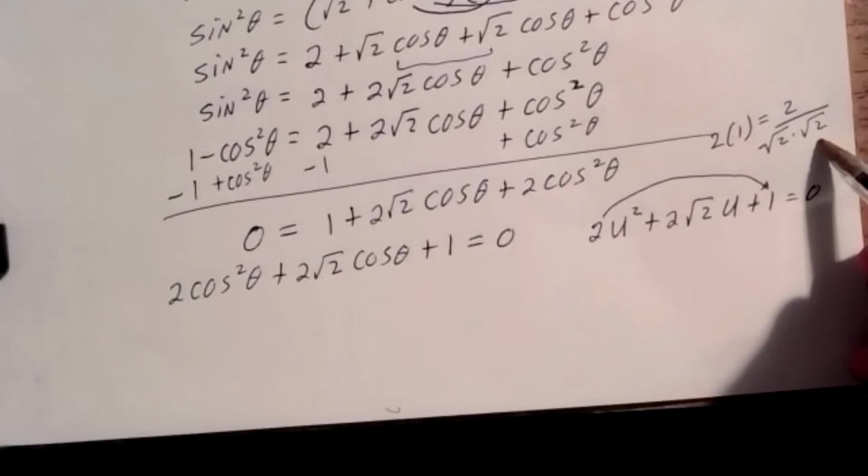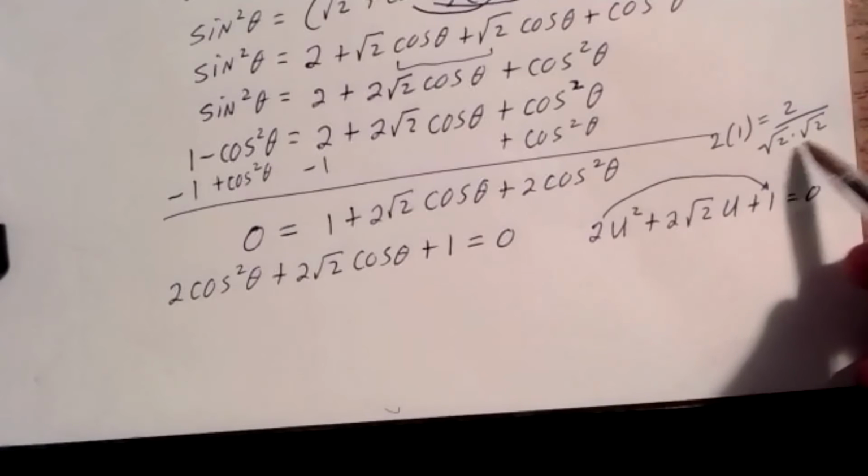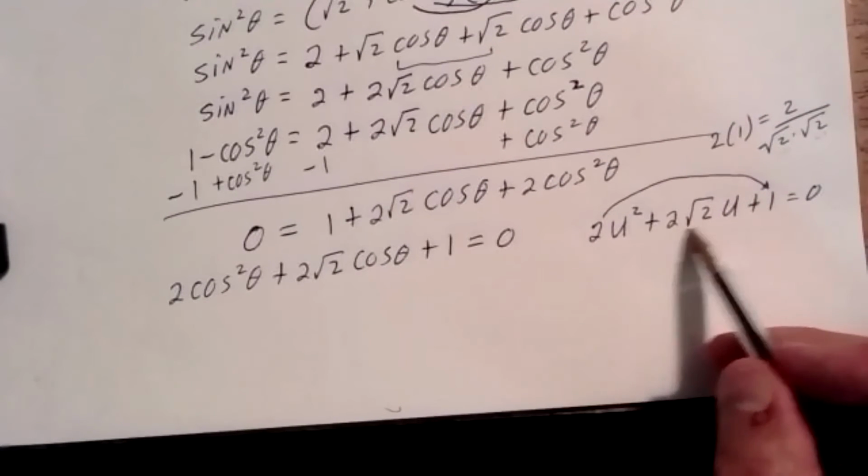Watch this. What's the square root of 2 times the square root of 2? That gives you the square root of 4, which is what, 2? And ladies and gentlemen, what's the square root of 2 plus the square root of 2? That gives you 2 square root of 2.